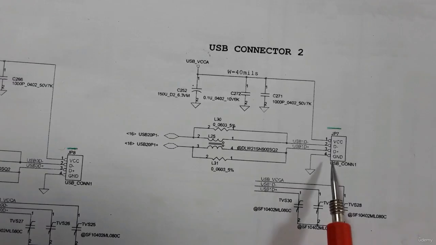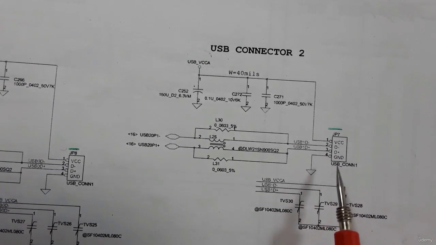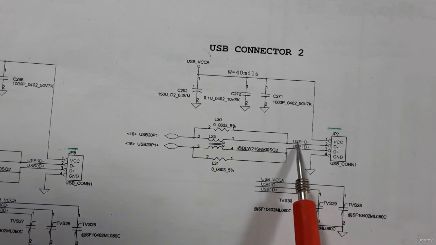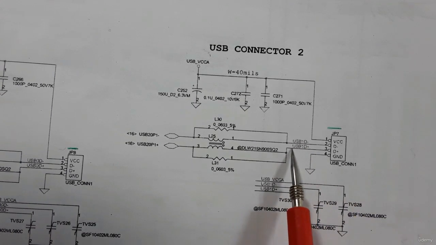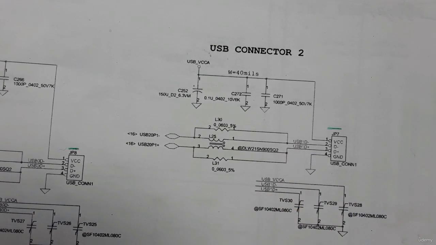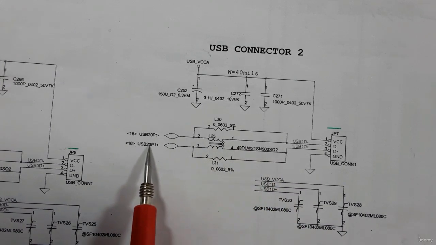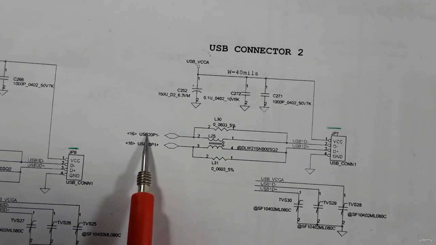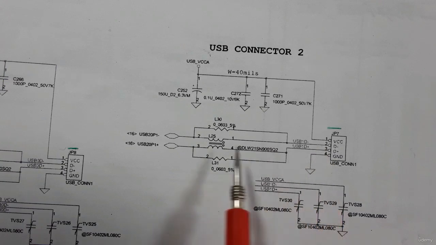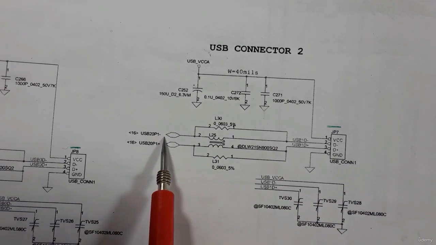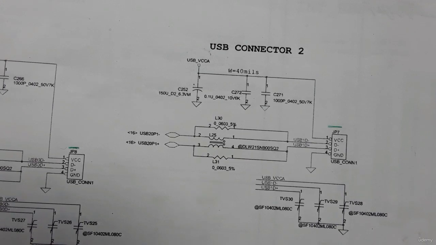And here we have D minus and D plus in pin 2 and pin 3, USB D minus and USB D plus. These two signals connect between the USB connector and the ICH, or control hub.